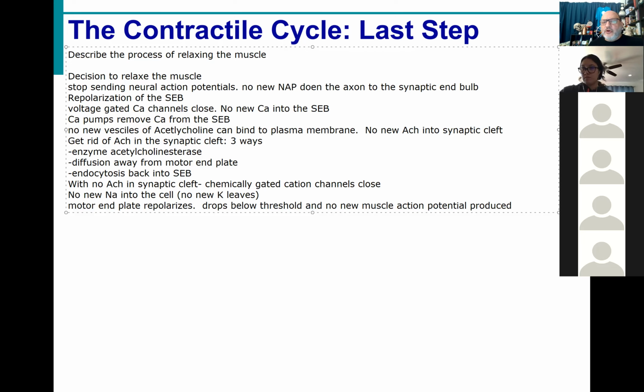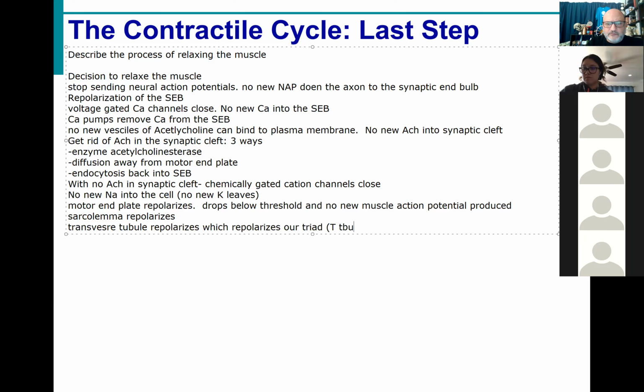Excellent. So no new muscle action potentials are produced. So our sarcolemma repolarizes. And what else repolarizes? Excellent. Our transverse tubule repolarizes, which, as you mentioned, repolarizes our triad, which of course is the T-tubule plus the two terminal cisternae.